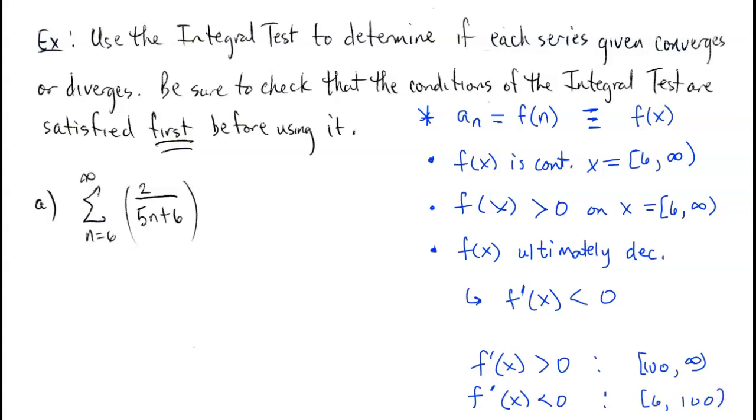If we had that, then our function f of x would not be ultimately decreasing. So we wouldn't be able to use the integral test to determine whether this particular series would be convergent or not.